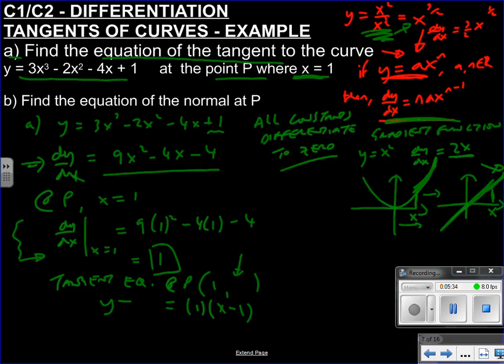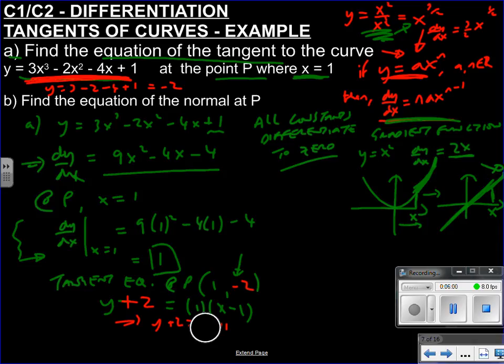So how do we get the y value without using the graph? Well, there's only one place where we can get it from, isn't it? Here. We know what x is, so from here we can find what y is. So y equals 3 minus 2 minus 4 plus 1. So that gives us minus 2. So y plus 2 equals x minus 1.